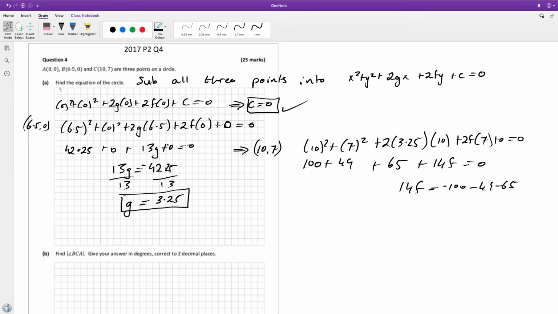That's 100 plus 49 plus 65 is 214. 14f is equal to minus 214.